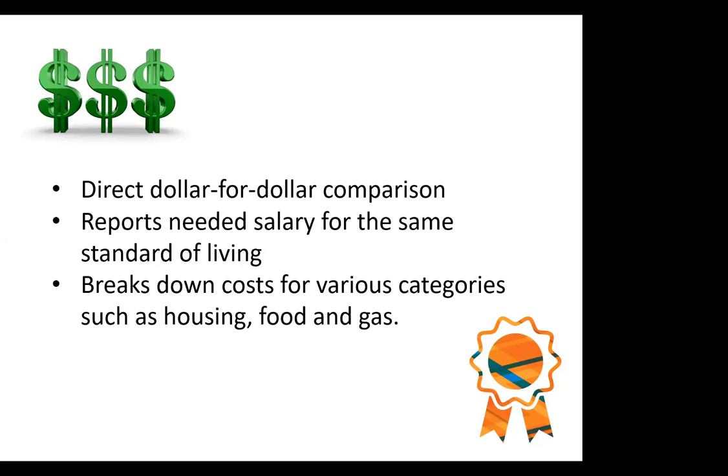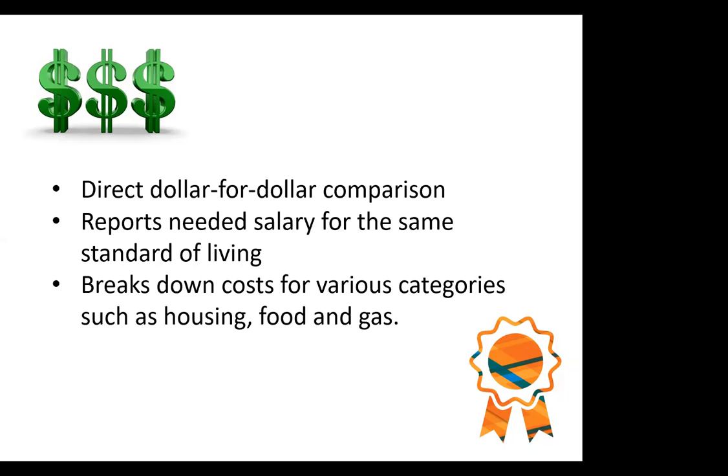So they would tell you, if you want to live the same way in California, then you would want, for instance, $75,000 is what you would want to make at least so that you can have the same type of living in California, which is a more expensive state.